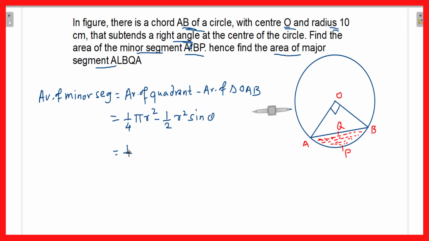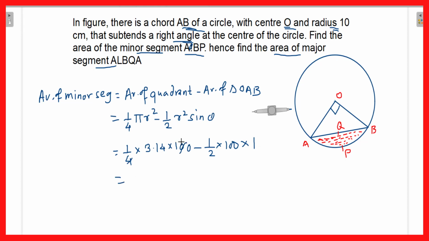So which is equal to 1/4. The value of pi we are taking as 3.14 into r square, the radius is given as 10 centimeter, so it will be 10 square will be 100, minus 1/2 again r square, that is into 100 into sine of 90, angle is 90 degree and sine 90 is 1.